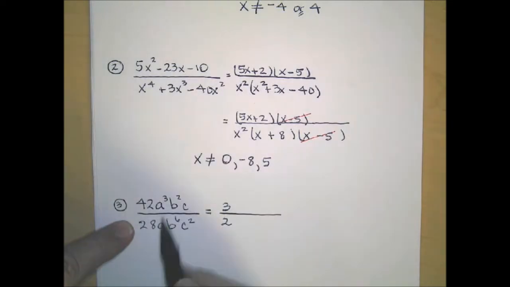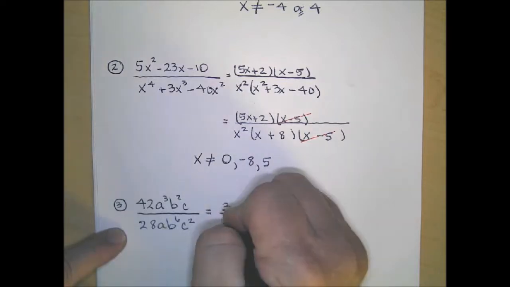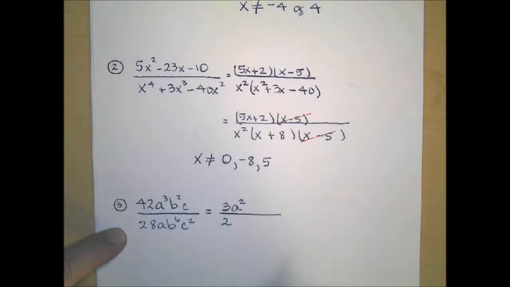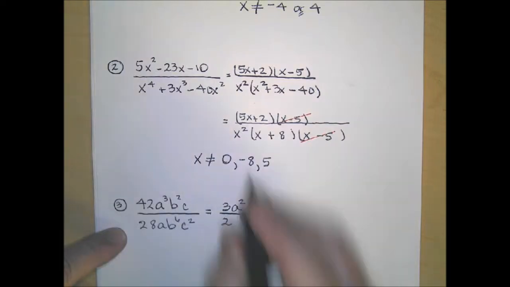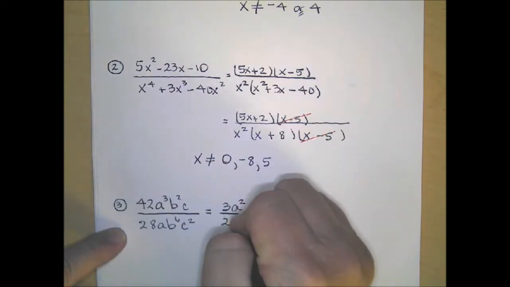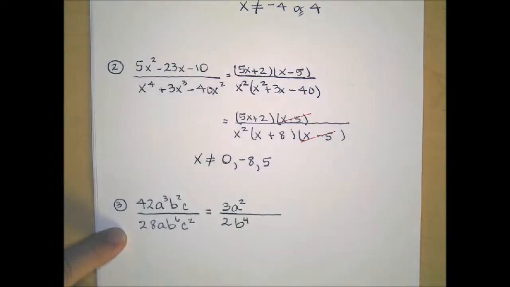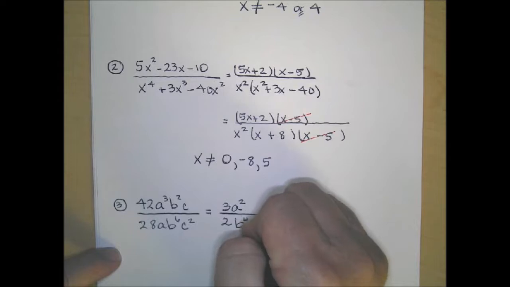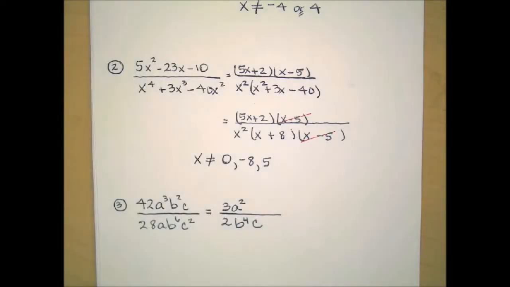Now when you have x cubed over x, you're left with x squared up on top. When you have b to the 2nd over b to the 6th, you have b to the 4th down on the bottom, and when you have c over c squared, you have a c on the bottom. And so there's your answer.